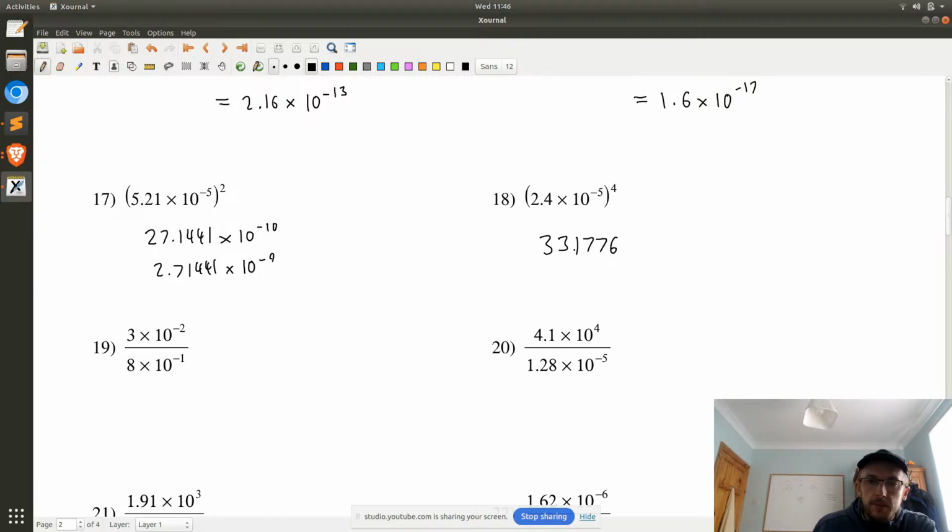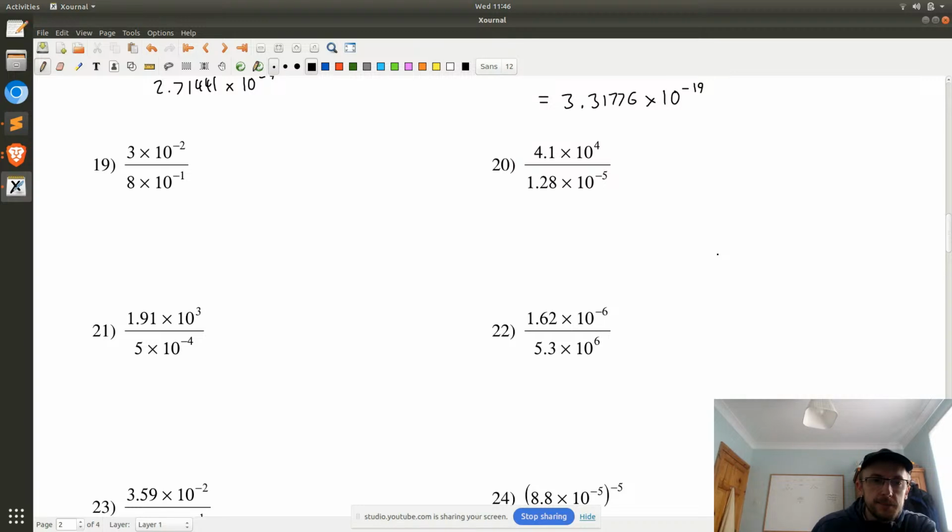And there's a decimal point right there. And that's times 10 to the minus 20. And now, like that. 10 times smaller, 10 times bigger.